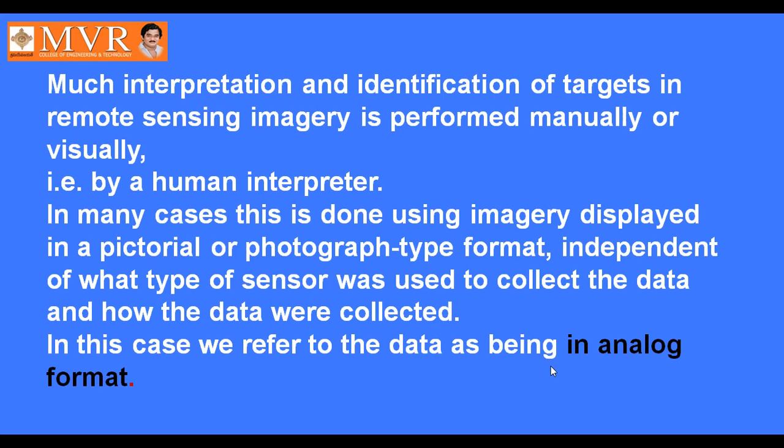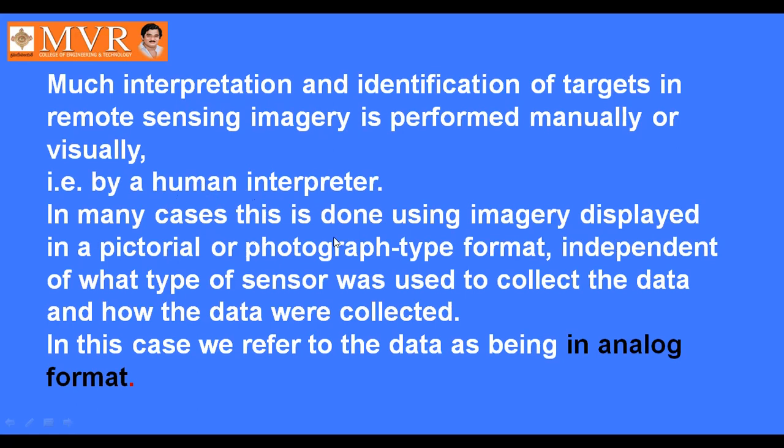Interpretation here means identification of the image. By visual means you can identify the satellite image. That is called the human interpreter.